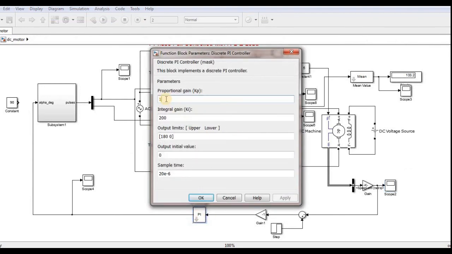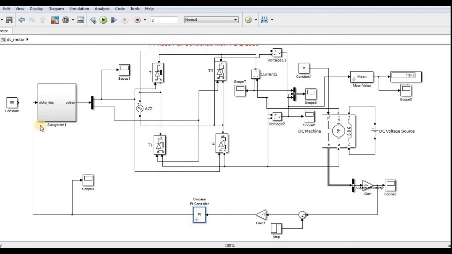See, I designed KP and KI for a particular application, and the upper limit and lower limit are very important over here. The lower limit should be 0 and the upper limit should be 180, because only up to 180 degrees can we operate this. Even though I give the negative voltage, I mean more than 90 degrees, I can get negative voltage over RL but not RLE.